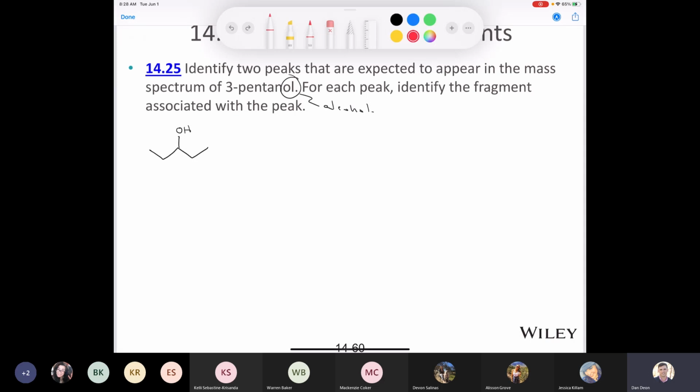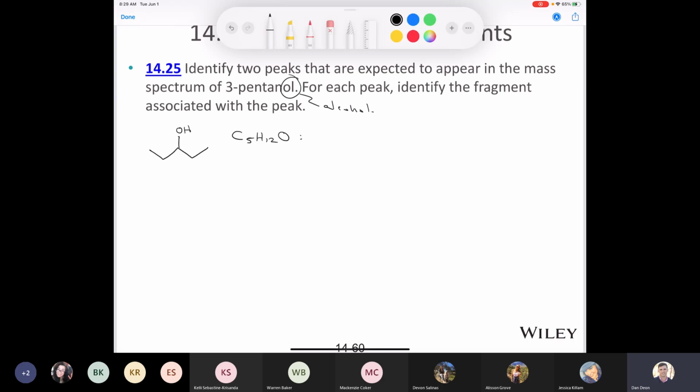Could anybody calculate the mass of pentanol, and we're talking about low-res mass spectrometry here, and tell me what the mass of 3-pentanol would be? It's not a trick question. You might grab your calculator, or maybe do the mental math. The formula is C5H12O.